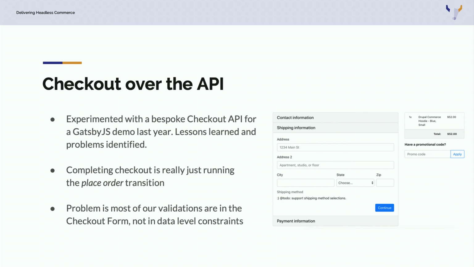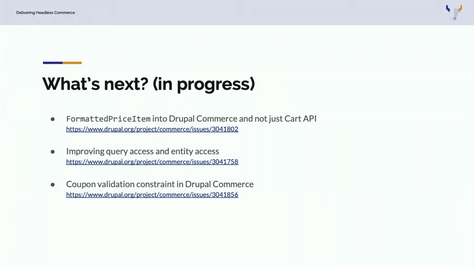Don't hold me to it, but at least somewhat of a working demo. And really, it's just taking form validation logic and putting it into the core data level. We have all this logic, but it's stuck in a form, and form validate and form submit. So now we need to see how we can abstract that down to a more primitive level. With that, to headless and beyond.